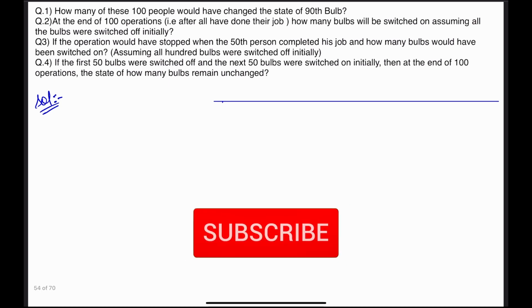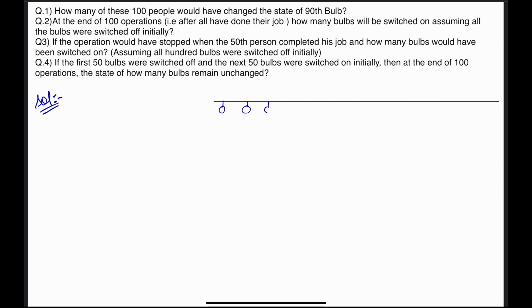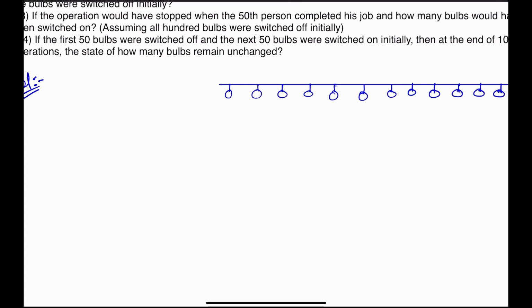I will draw it freehand. In the question, in the beginning it is said that all the bulbs are switched off. So first, all are switched off.